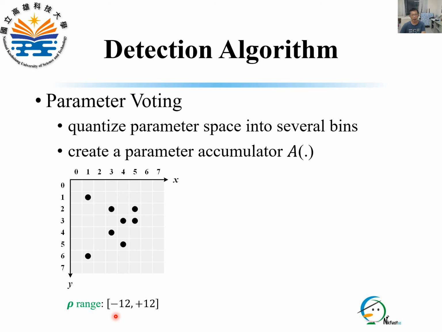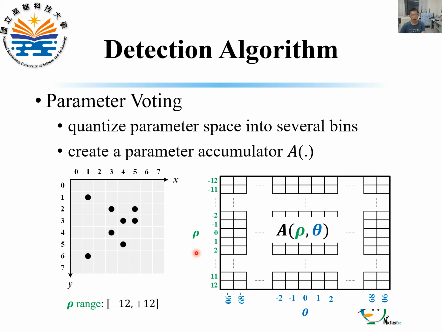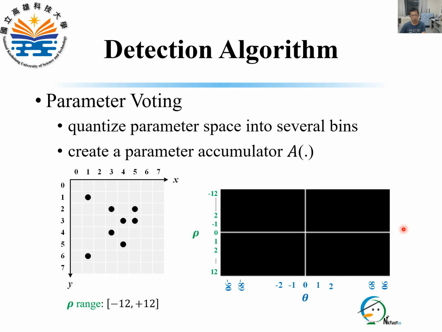That is from -12 to +12. By quantizing rho and theta into the bins whose interval equals 1 pixel in rho and 1 degree in theta, we can create a parameter accumulator as this 2D table. The accumulator A of rho and theta is shown in the form of an image with the size 25 times 181.